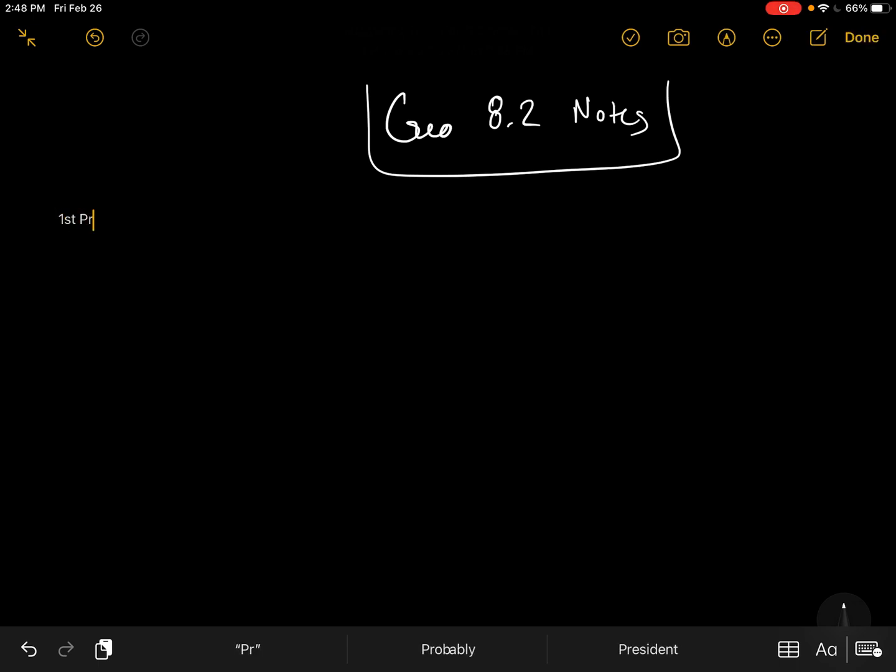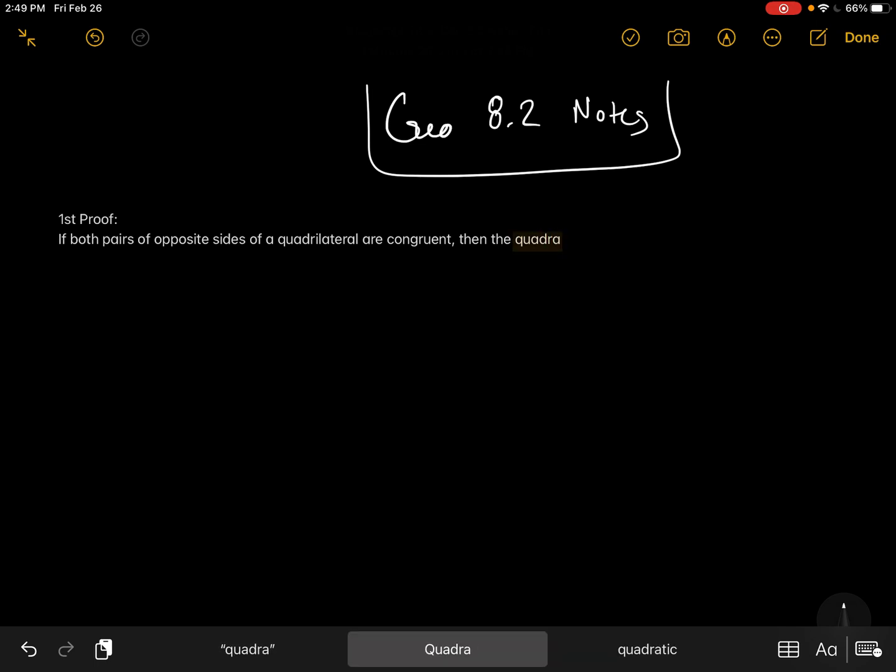So our first proof. For this, if both pairs of opposite sides of a quadrilateral are congruent, then the quadrilateral is a parallelogram.